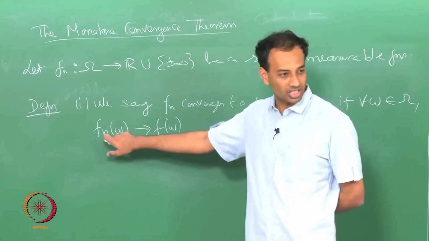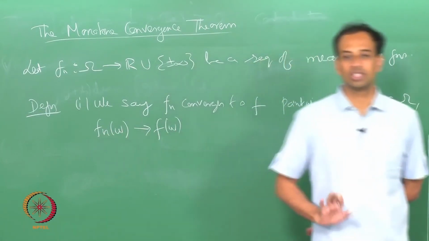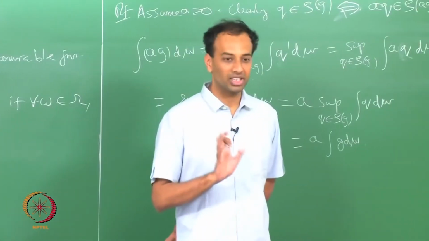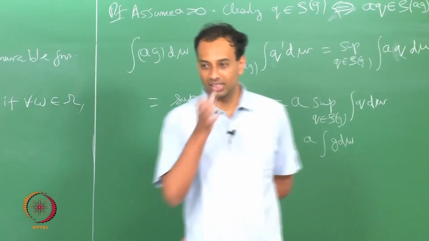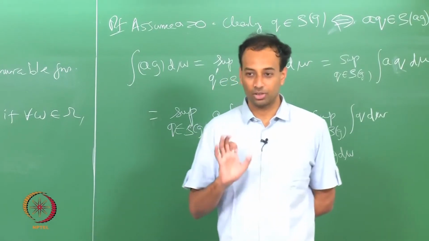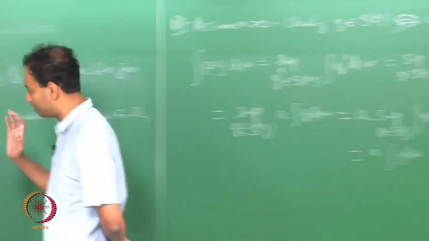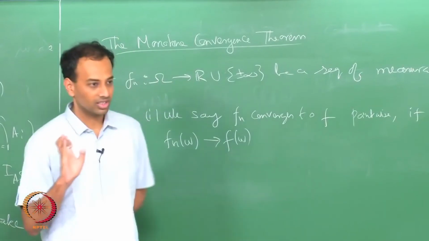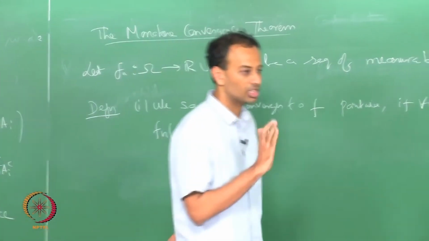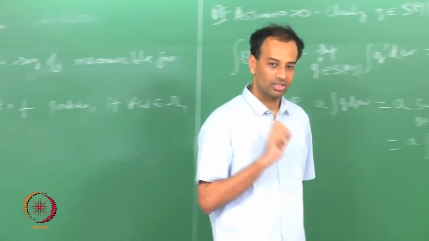Whenever these f n's are measurable, the limit function is always a measurable function. This is something that can be proven. I have not done it in class, but it is always the case that if you have a sequence of measurable functions converging pointwise, then the limit is always a measurable function.